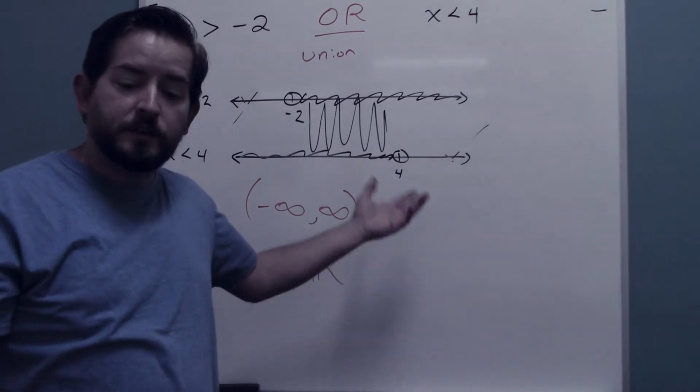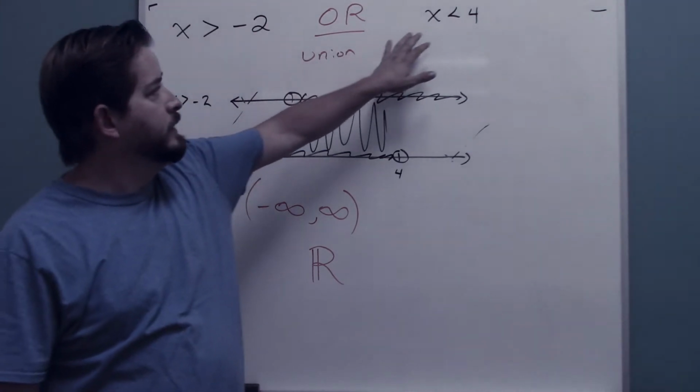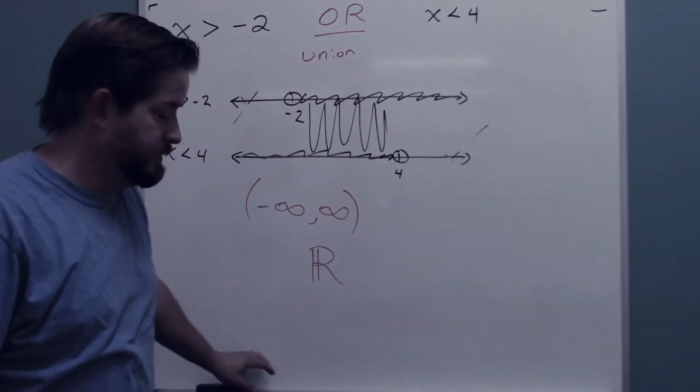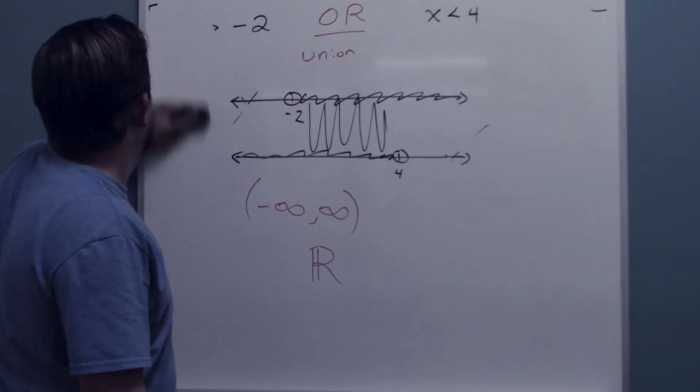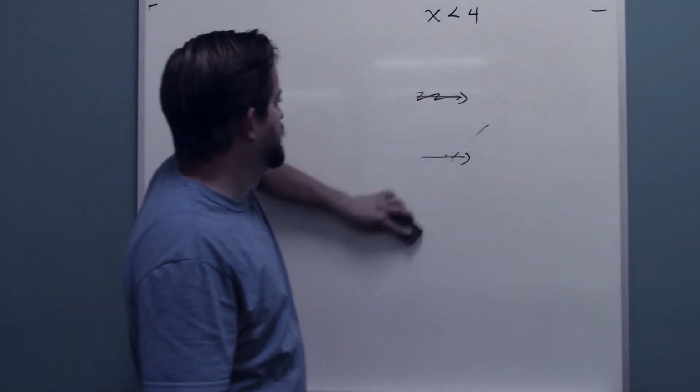Now, of course, this is a very simple example. I didn't have to do any math to get to this point. Sometimes I might have to. So let's take a look at a problem where I have to manipulate in order to get to this point.